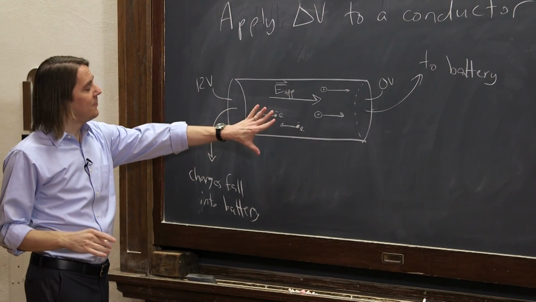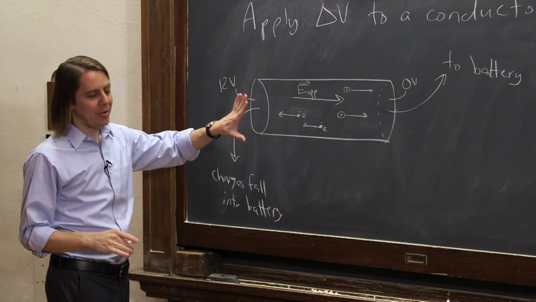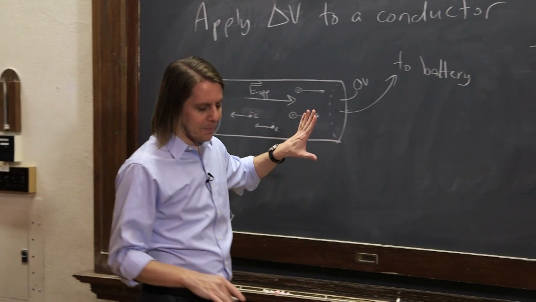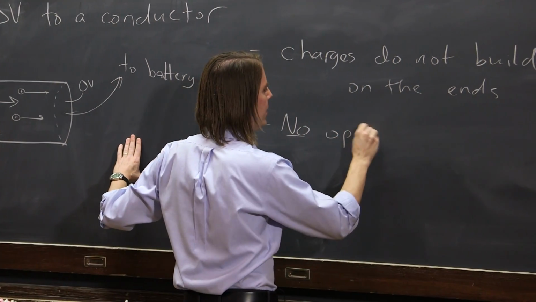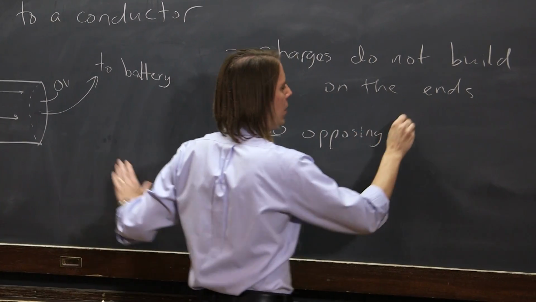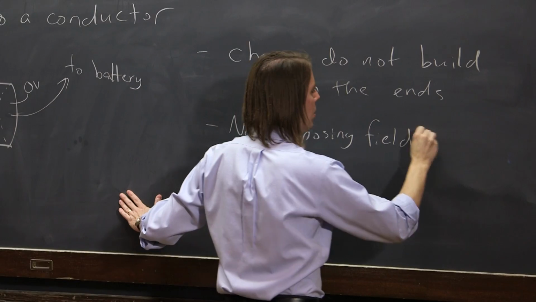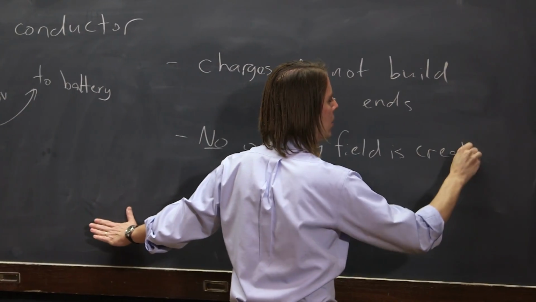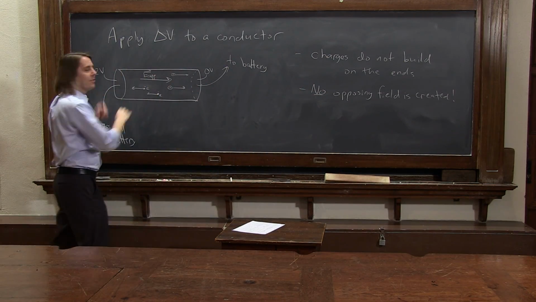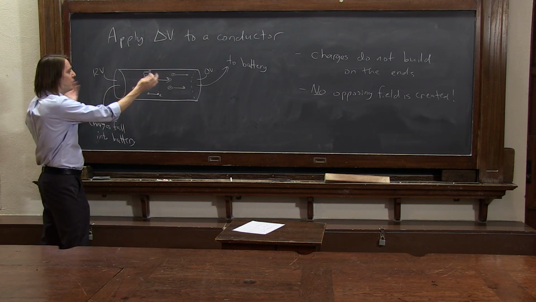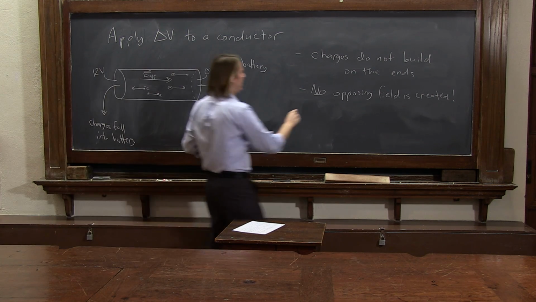So if the charges can't build up on the surfaces, no opposing field is created. There's nothing to make things want to stop. They just keep going. No opposing field is created.